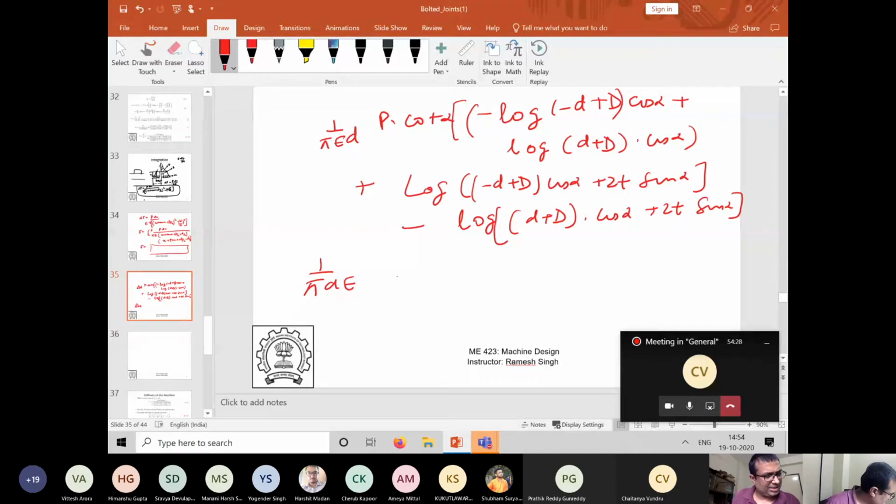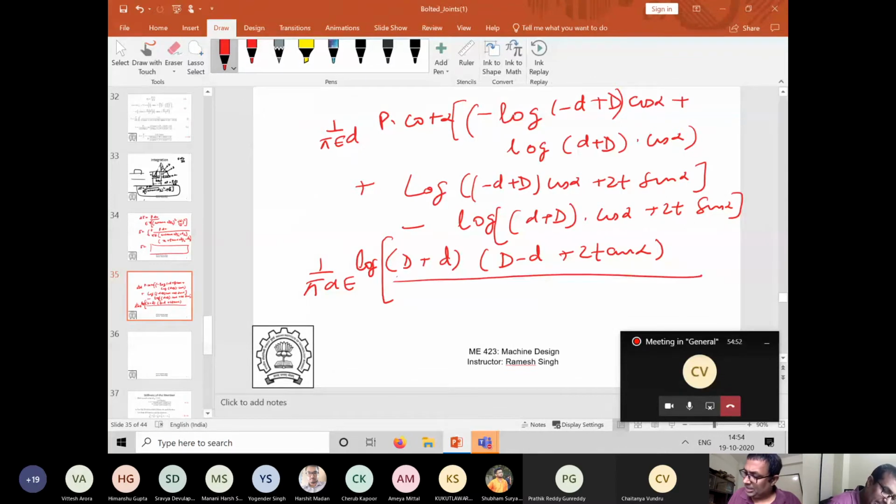So what you will get is log d plus d times d minus d plus 2t tan alpha divided by d minus d, d plus d plus 2t tan alpha.